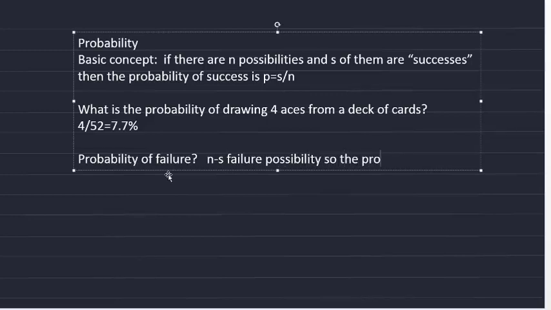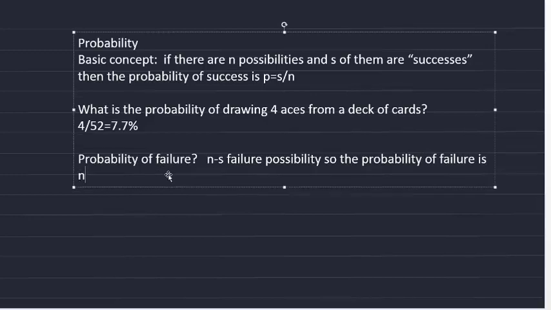So the probability of failure is n minus s divided by n, and that's equal to 1 minus the probability of success. Okay? So let's go through this.